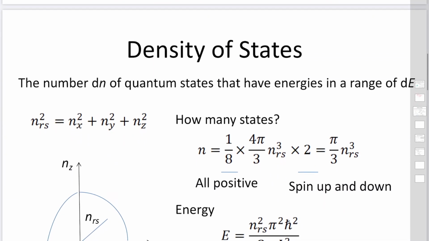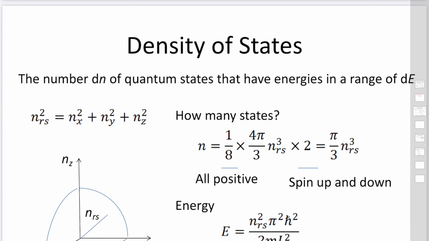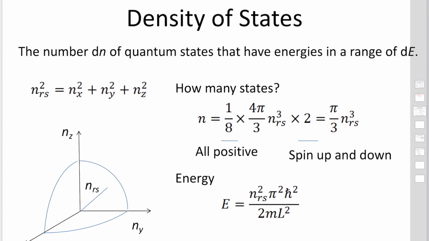Then we'd like to find the density of states, the number dN of quantum states that have energy in the range dE. It is 3D, but in this case each axis is n_x, n_y, and n_z. Then each point, for example this point, is actually (1, 1, 1). This point corresponds to a single state.